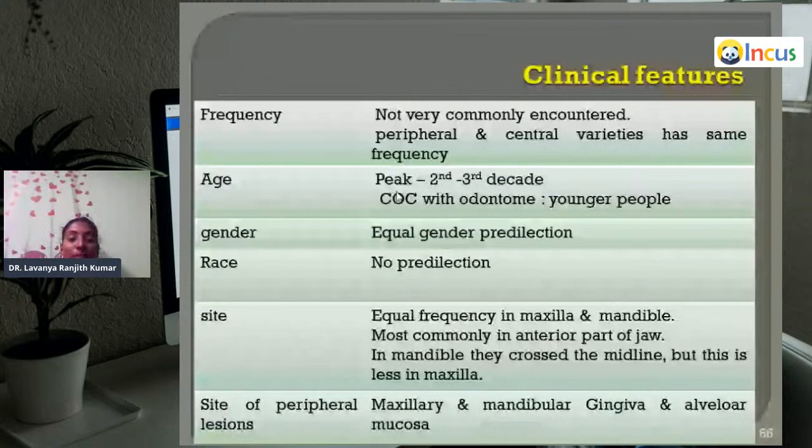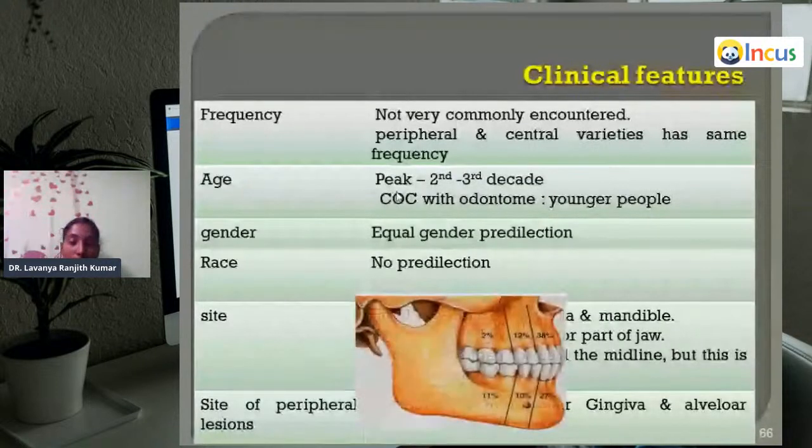So, equal frequency is found in the maxilla and mandible, and most commonly in the anterior part of the jaw. In the mandible they cross the midline, but this is very rare in the maxilla. Site of peripheral lesions: maxillary and mandibular gingiva and alveolar mucosa, which is the peripheral variant of COC. This clinical variation shows the percentage where it is more common.